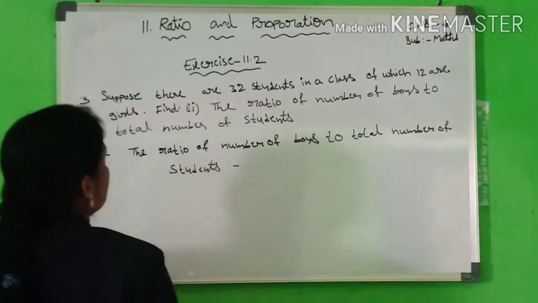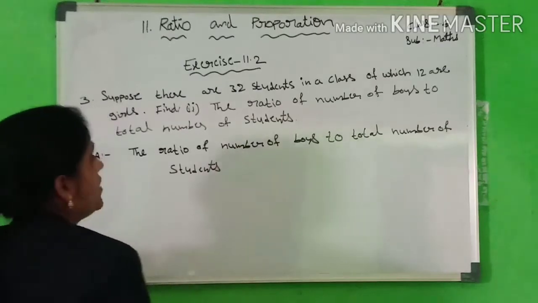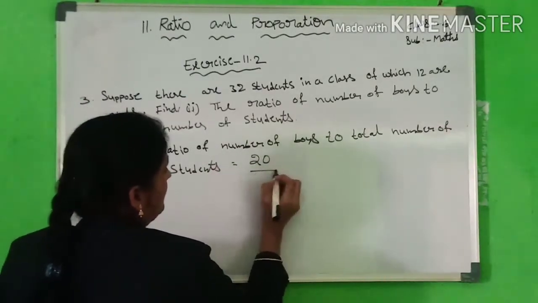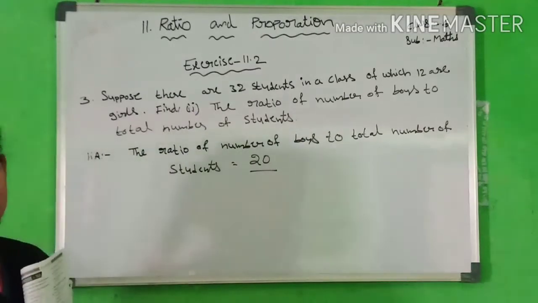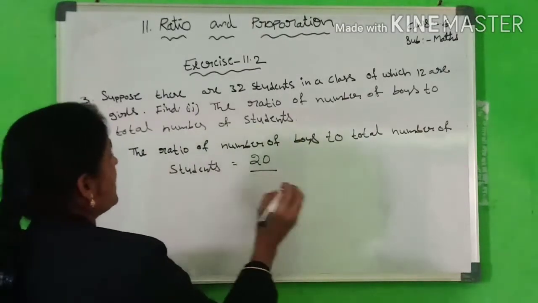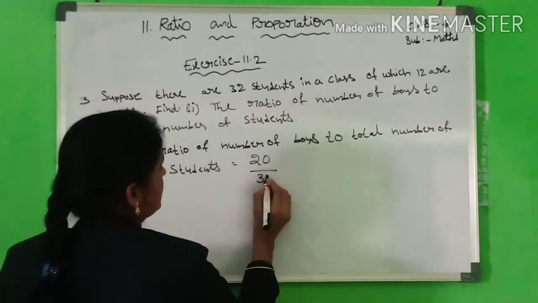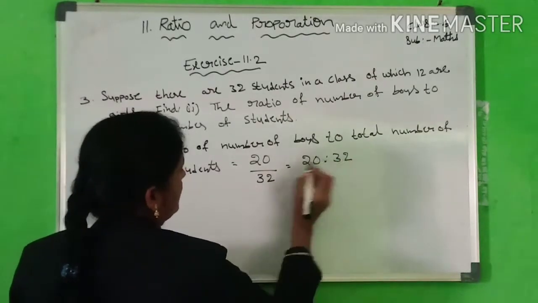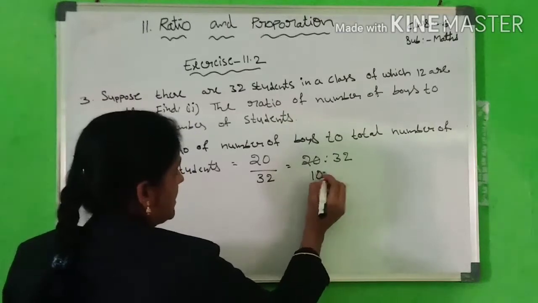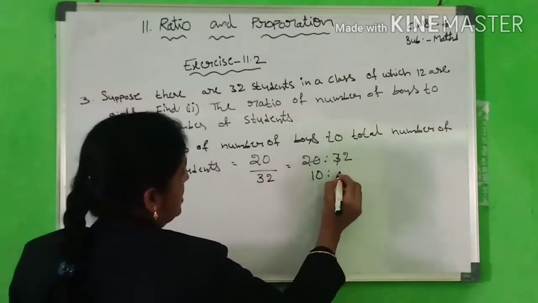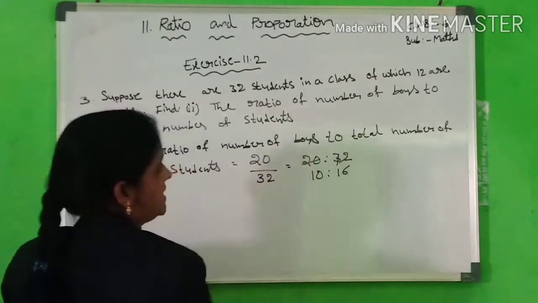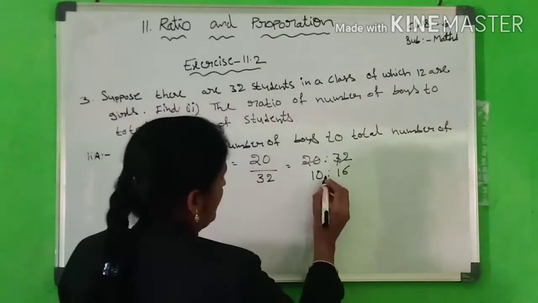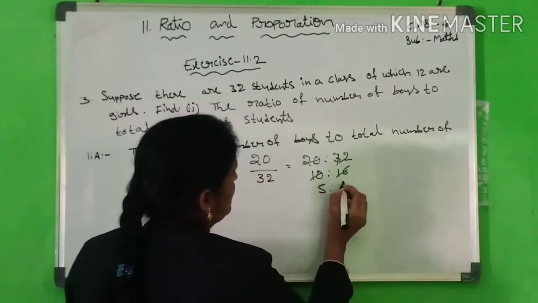Now, what is the number of boys? 20. What is the total number of students in that class? 32. 20 is to 32. 2 tens are 20, 2 sixteens are 32. 2 fives are, 2 eights are.